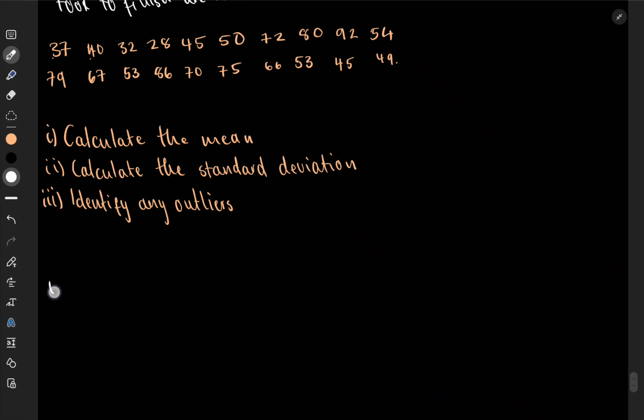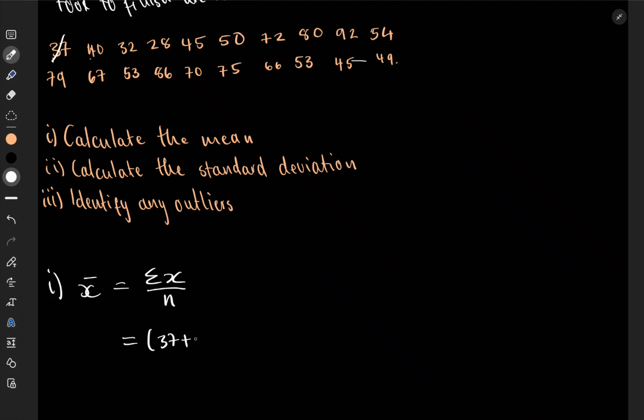So here, let's go through our solutions. Part A, we say x bar is equal to the sum of x over the number of terms, which is equal to, let's do the sum, 37 plus 40 plus 32 plus... What we'd like to do is, whenever we put something, we cancel it, right? And then we check if there's nothing else of that same value. So 37, there's only one 37 here.